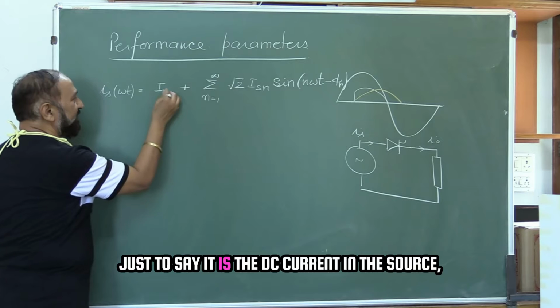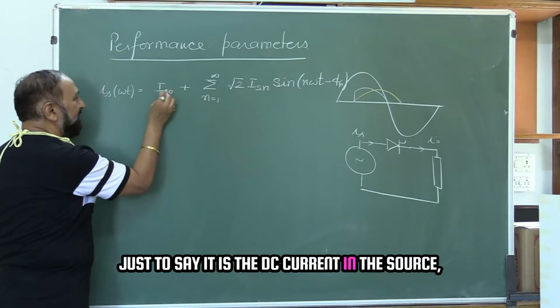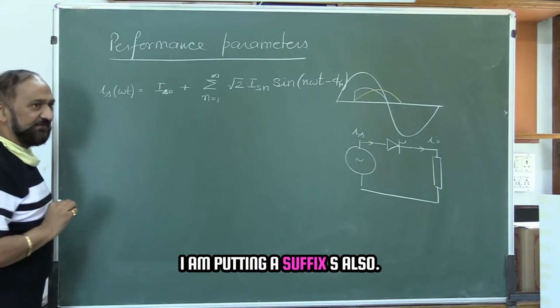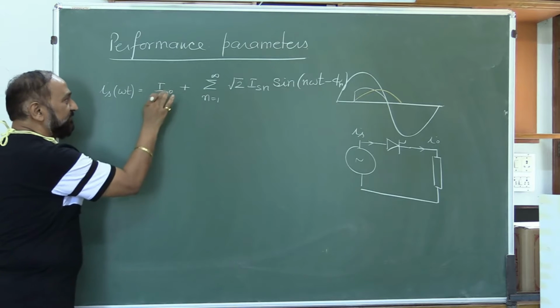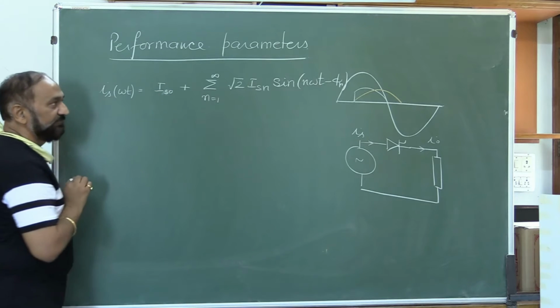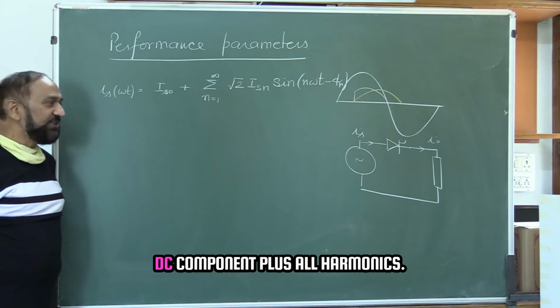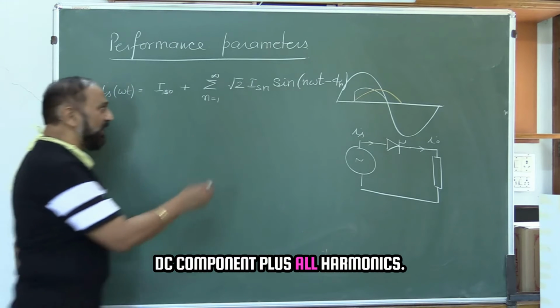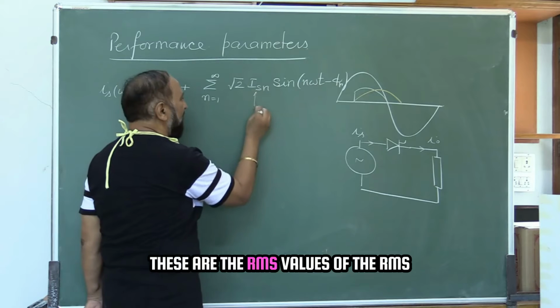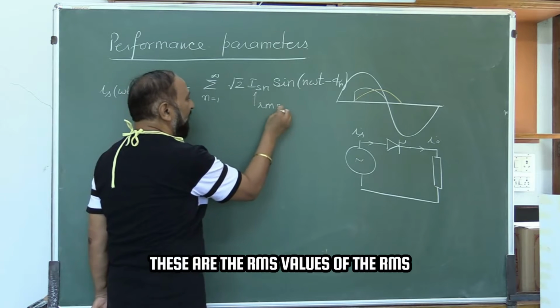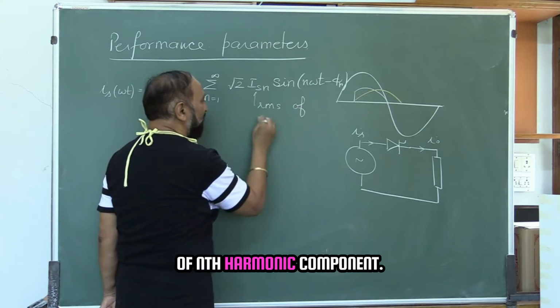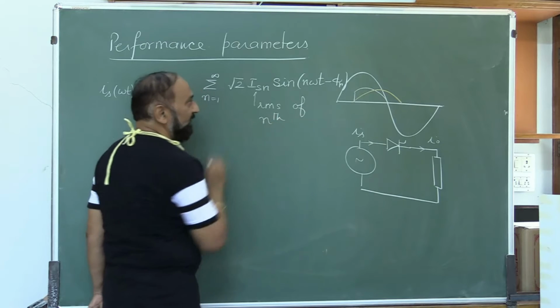Just to say it is the DC current in the source, I am putting a suffix S also. So the source current has a DC component plus all harmonics. These are the RMS values of the nth harmonic component.